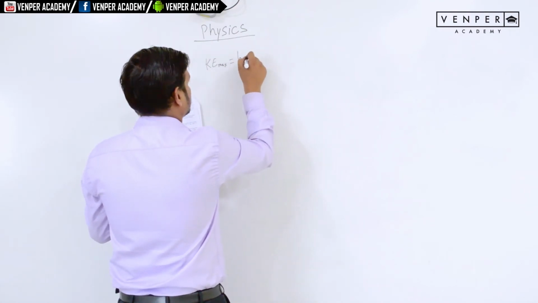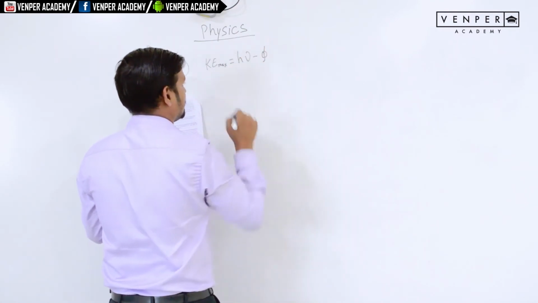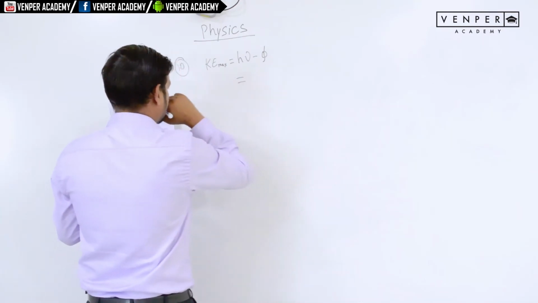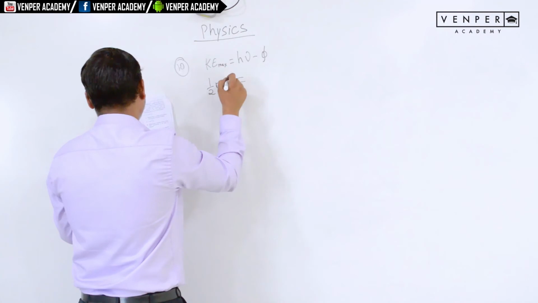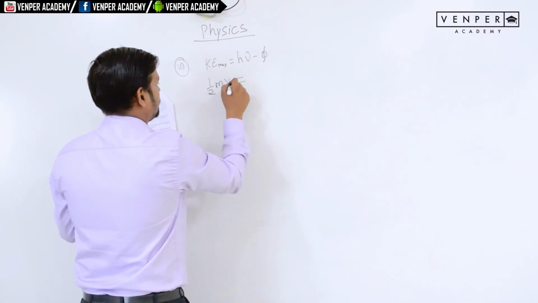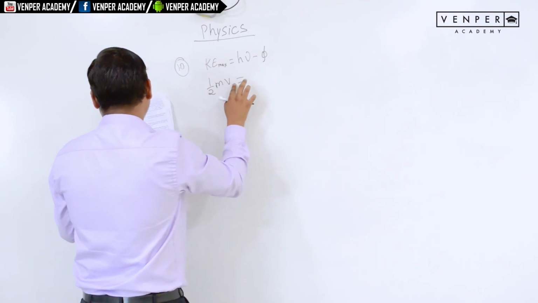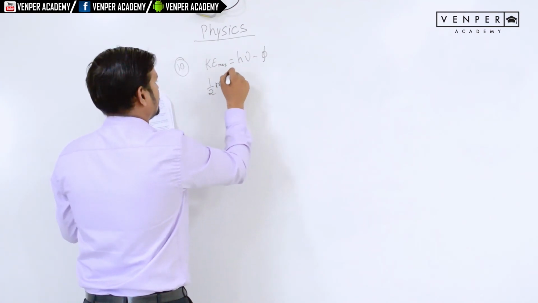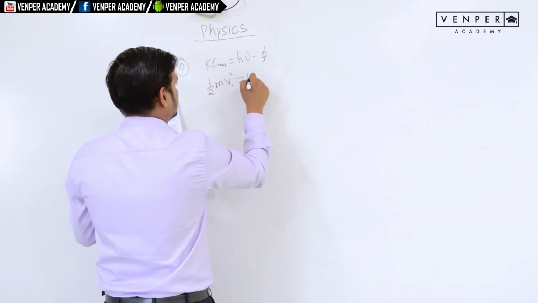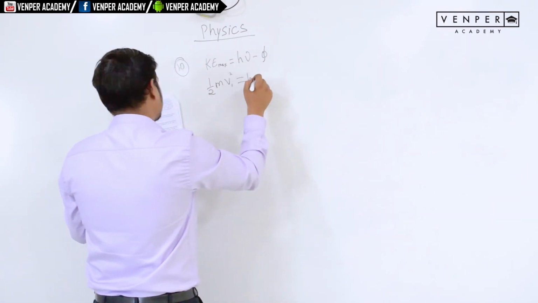It is your h nu minus work function phi. So you can say that maximum kinetic energy means 1 by 2 m v max, or I am saying this one as v1 square, is equal to, initially it is how much?